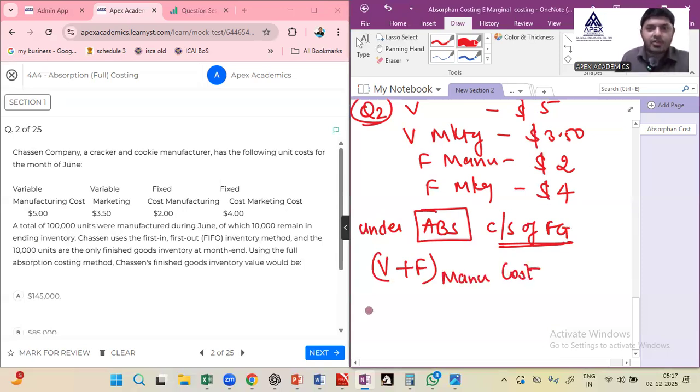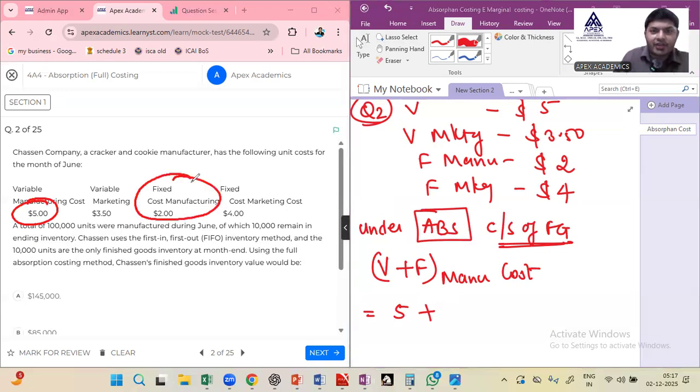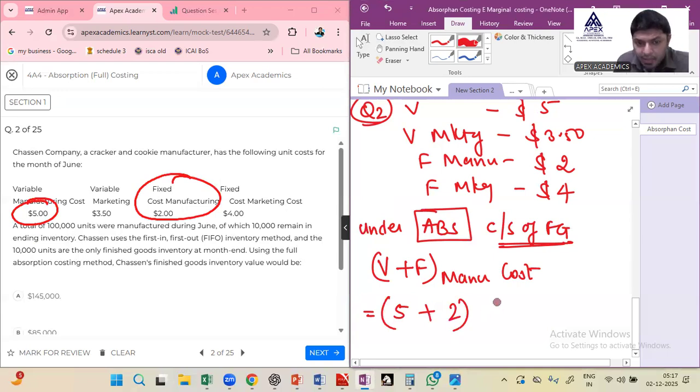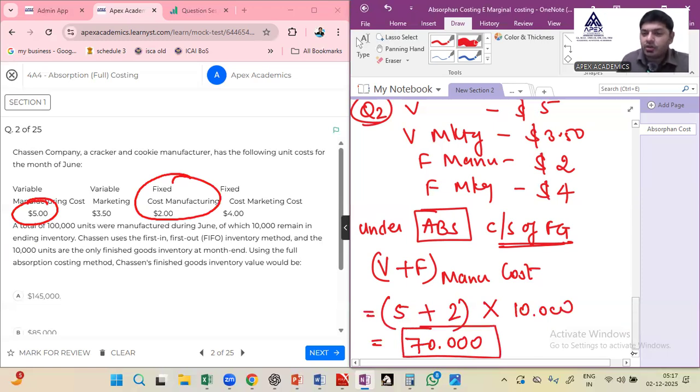So in this scenario, it will be $5 of your variable manufacturing cost. So I'll put down over here 5, as well as I will take into consideration the fixed manufacturing cost. So I'll put down over here 2 multiplied by 10,000 units of your inventory. Therefore, your closing stock valuation under absorption costing becomes $70,000.